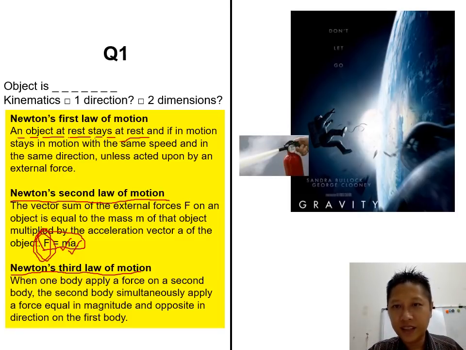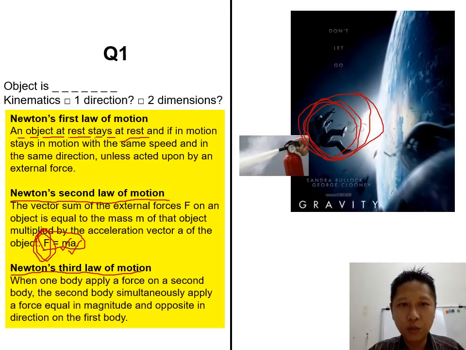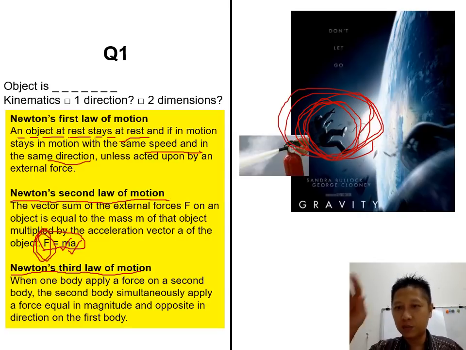Newton's first law says that if Sandra detaches from the spaceship, she's going to move in the same direction at the same speed and will not stop. Yes, when we watch the movie, we see that Sandra is moving further away from the earth, non-stop. The direction is the same, the spinning speed is the same, the magnitude of the velocity is the same.